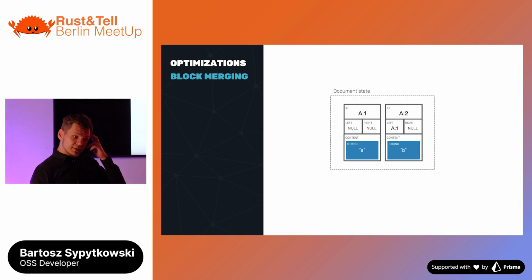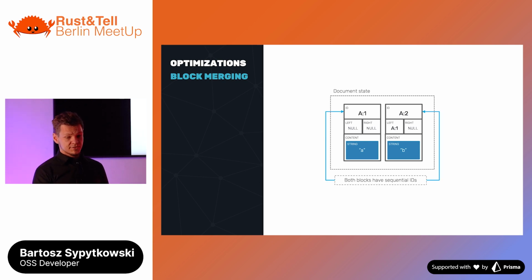So if we could merge those blocks, it would be nice, right? Because then we could strip the metadata that is required for a merged block, whether in memory or on disk. And there are some cases where this is possible. For example, when one person is inserting one character after another, we can assume that those characters are being inserted sequentially.